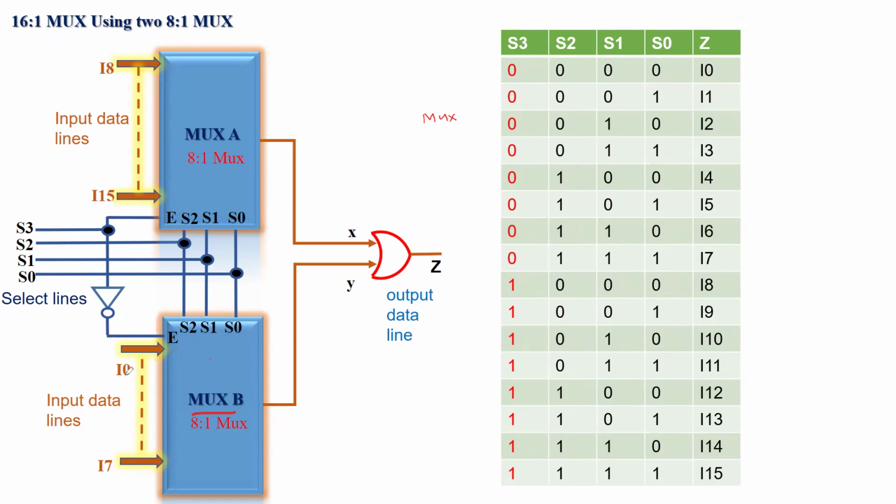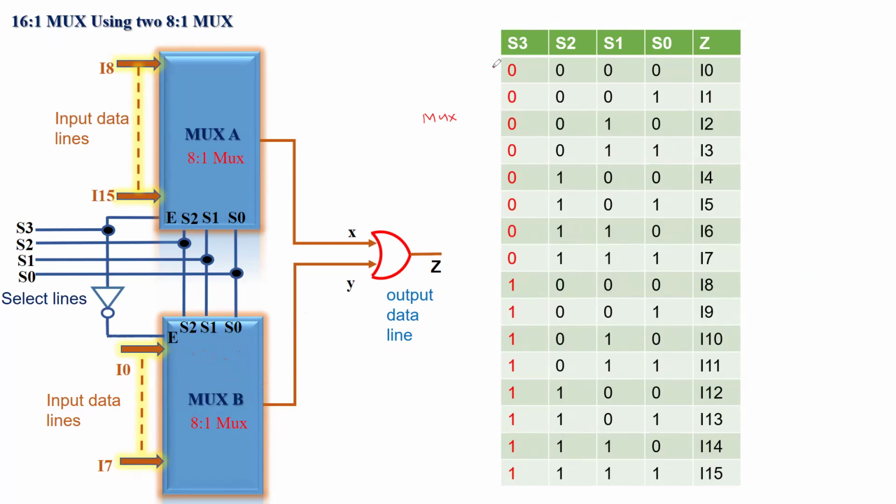When this chip is on, any single input data line from I0 up to I7 gets connected to the output data line, eventually reaching the Z. That depends on the three possible combinations of these three input select lines. So here 2 to the power 3 will be 8 possible combinations.